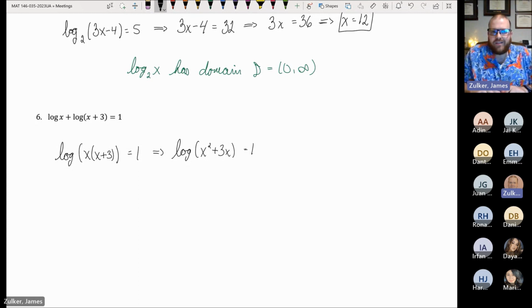We want this written in exponential form now. Wouldn't it be x squared plus 3x equals 10 to the first? Right, because we're dealing with the common log, which is base 10.